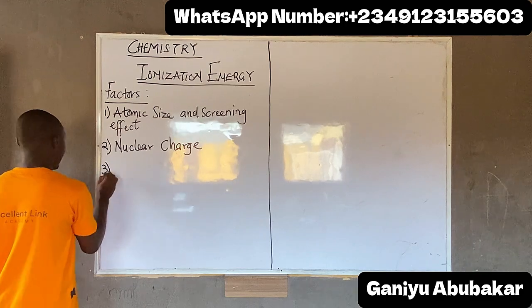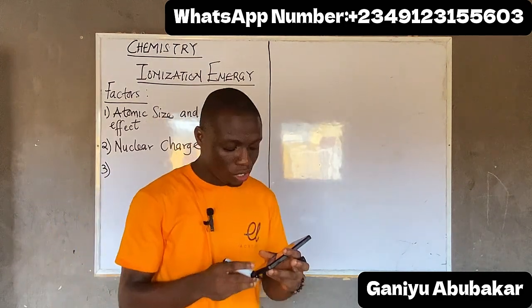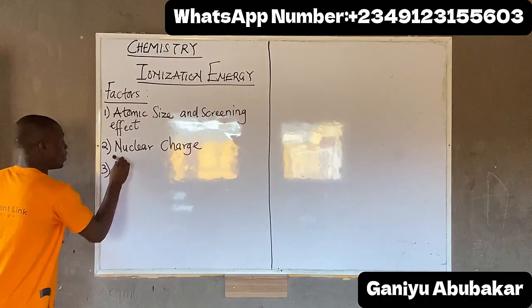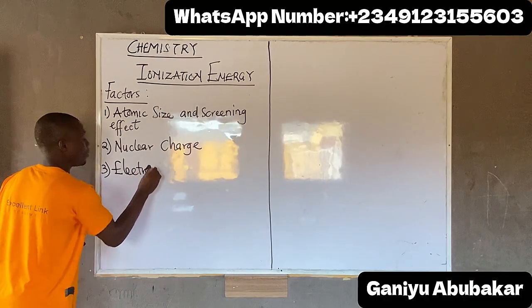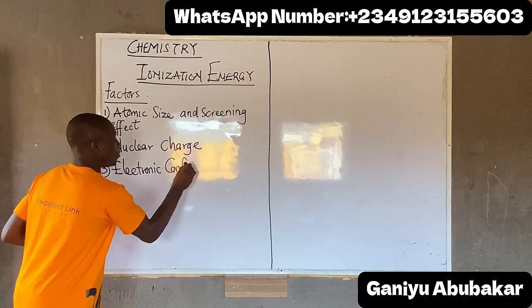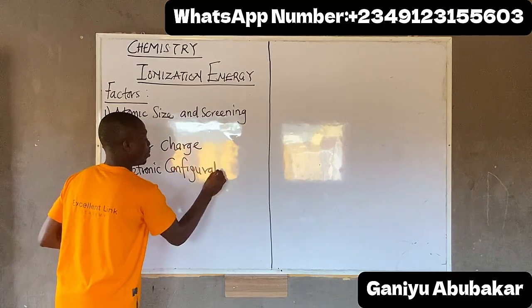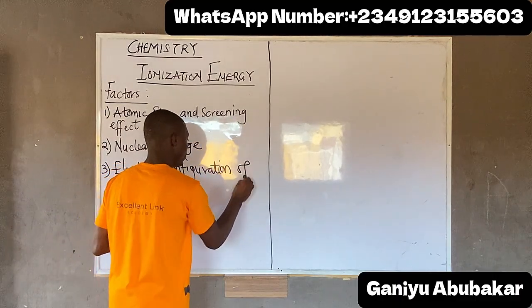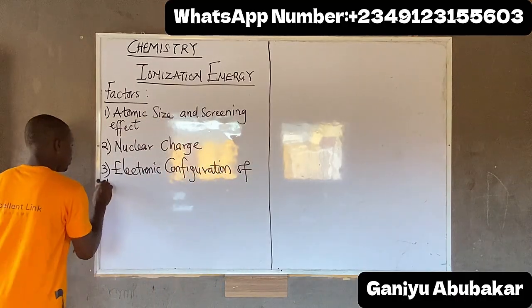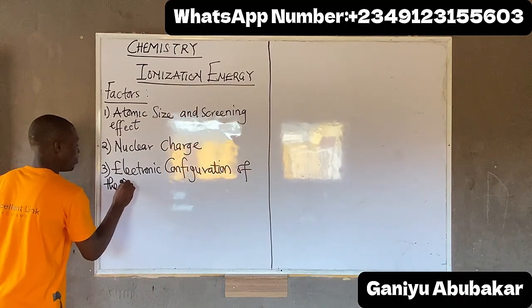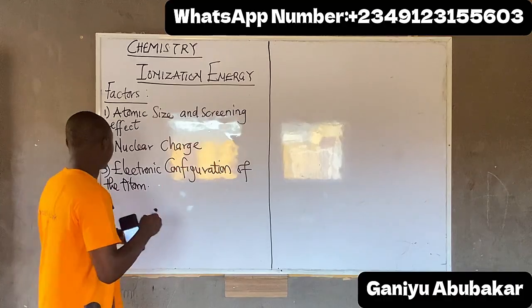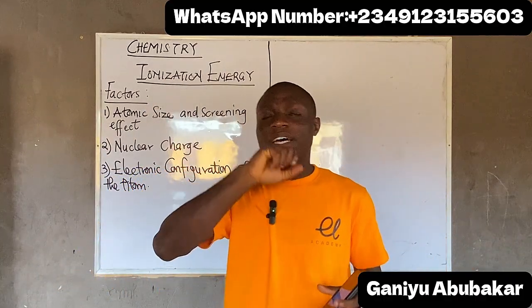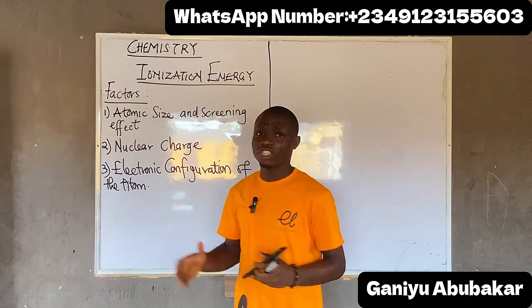And number three is the electronic configuration of the atom. So these are the three main factors that affect ionization energy.